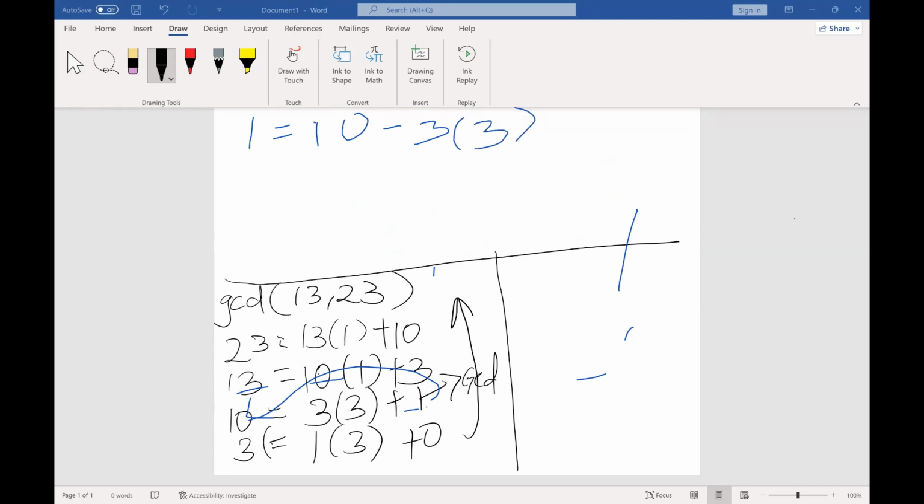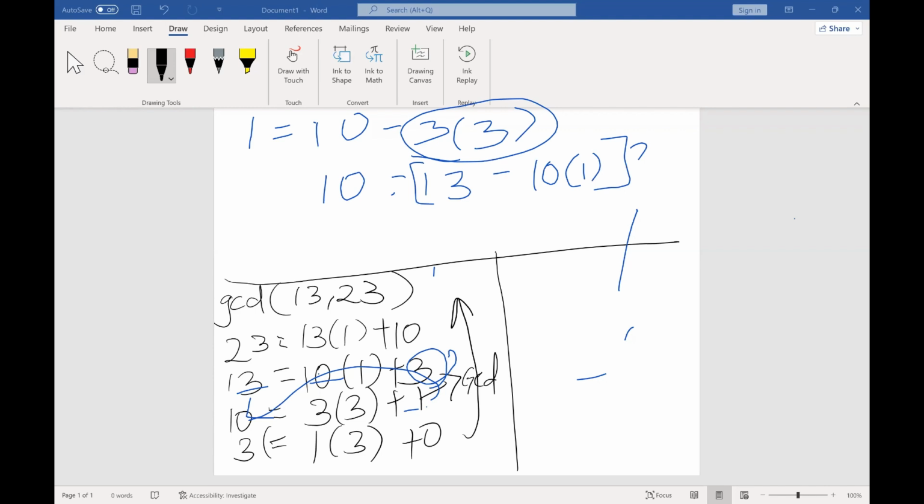Okay, so we write this remainder as... Okay, go back, you see on top this thing over here. Now make this 3 the subject. So that becomes 10 minus, making 3 the subject, that is 13 minus 10 times 3. Then go on and open 13 into 3 minus plus 10 into 3.